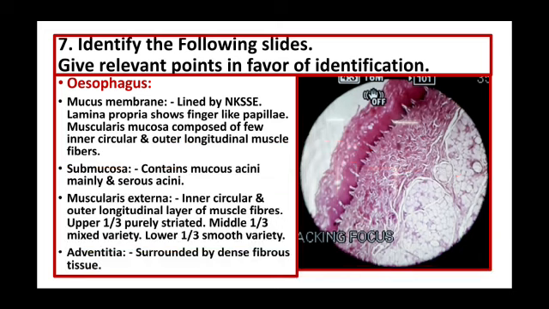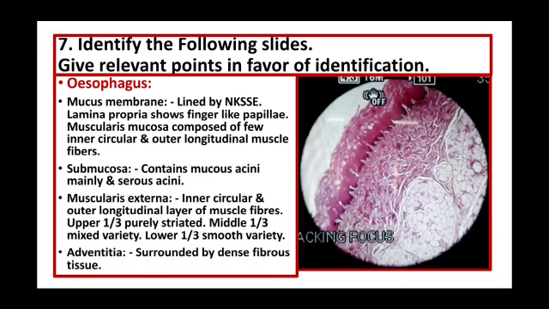The given section is that of esophagus. So it contains 4 layers: the mucosa, submucosa, muscularis externa, and adventitia. So mucous membrane lined by non-keratinized stratified squamous epithelium, and in the lamina propria you are going to find finger-like projections called papillae.